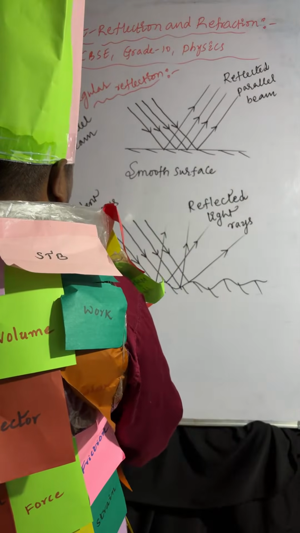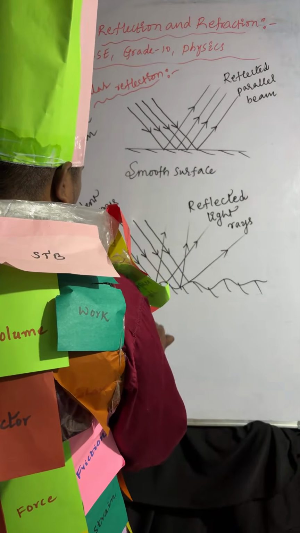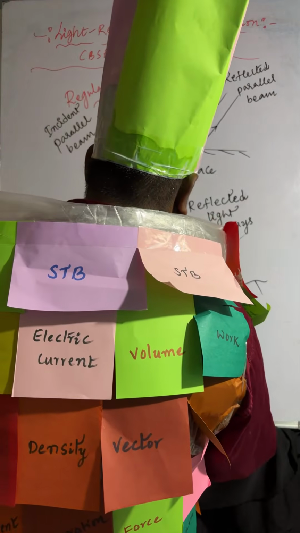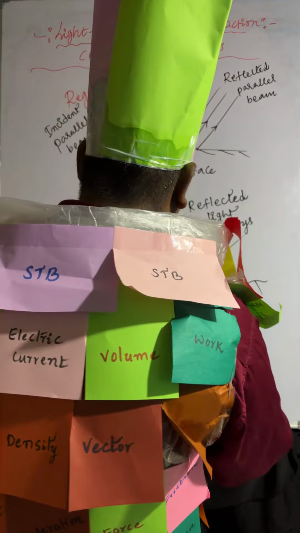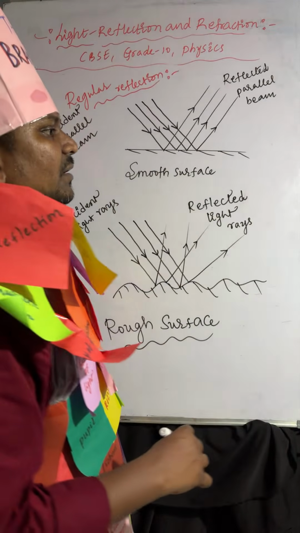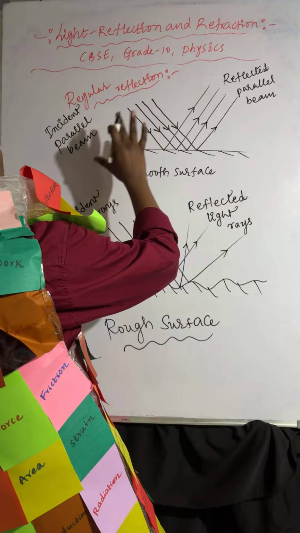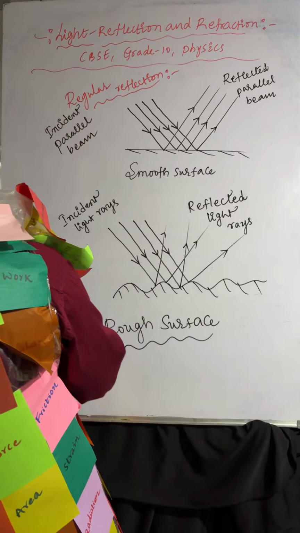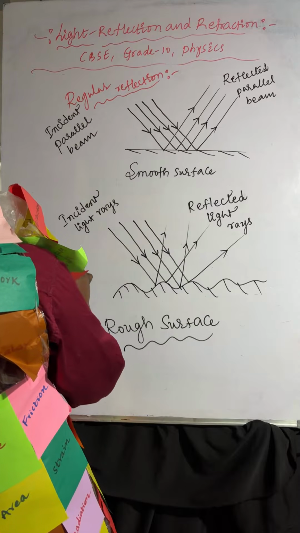So this is a rough surface. I hope it is very clear. Regular reflection takes place on a smooth surface. Irregular reflection takes place on a rough surface.